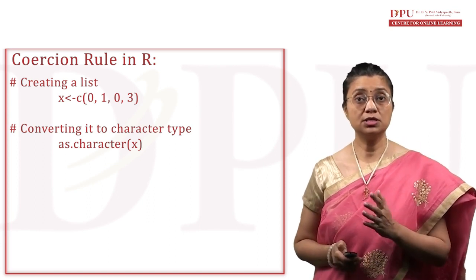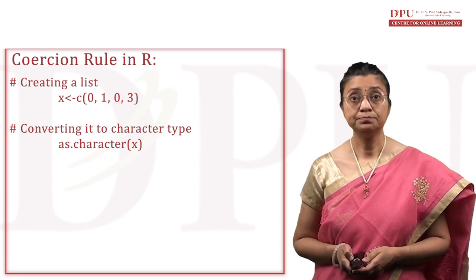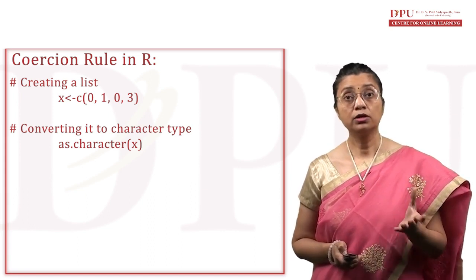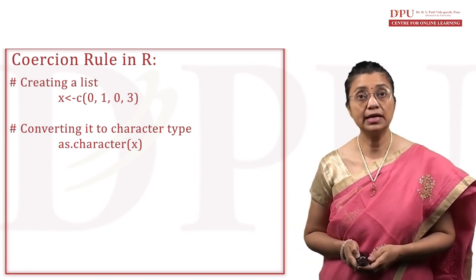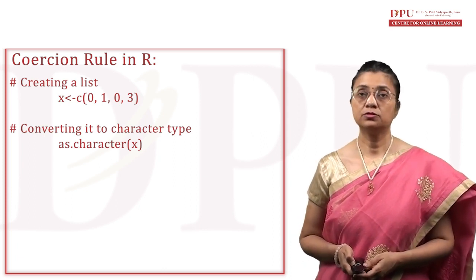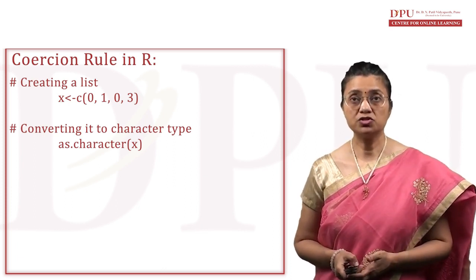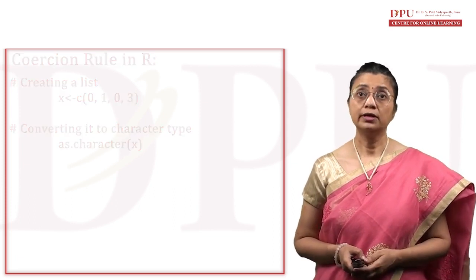My value 0, 1, 0, 3 was a numeric value, and now I want to convert that into a character data type. So I'm using the as.character function and I'm passing x as my variable. So I'm doing a coercion, and this is called explicit coercion to character.